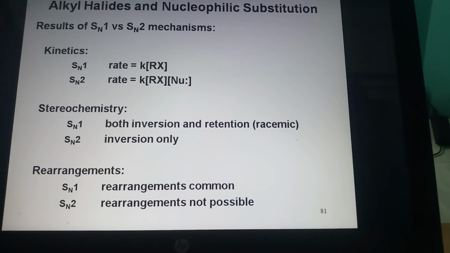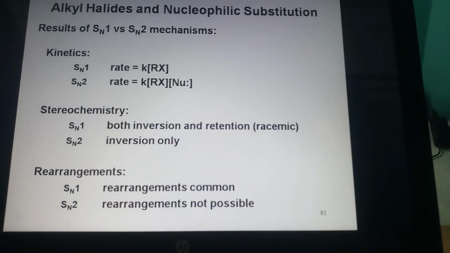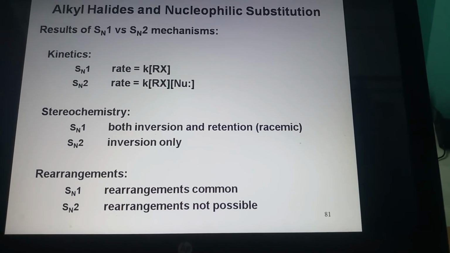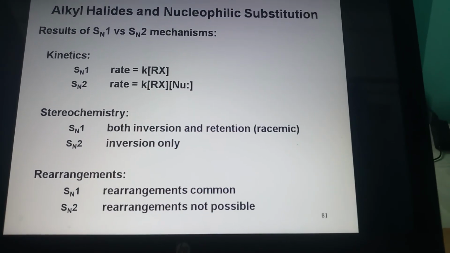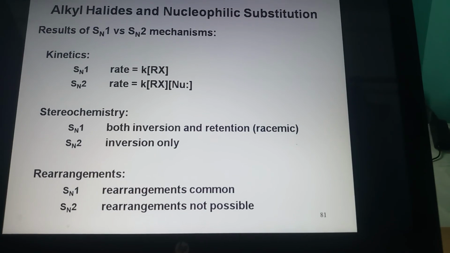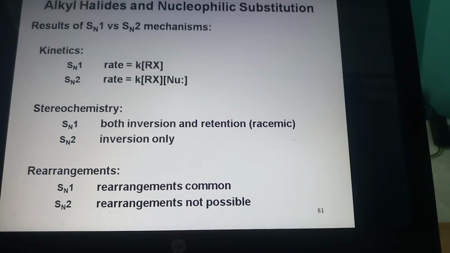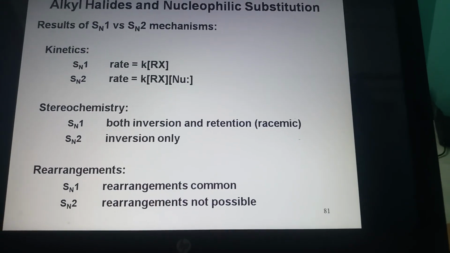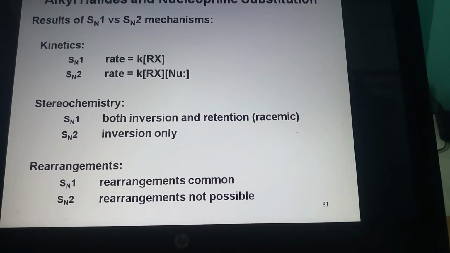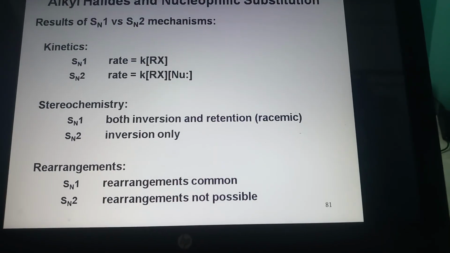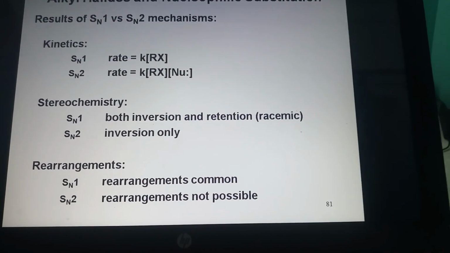In case of SN2, we will get inversion only. Rearrangement: in case of SN1, rearrangement is common because a carbocation is formed, so it will tend toward a more stable carbocation. If the carbocation is 2 degree, it will tend toward a 3 degree carbocation if possible. So rearrangement is more common in SN1 reactions, but in case of SN2, rearrangement is not possible.